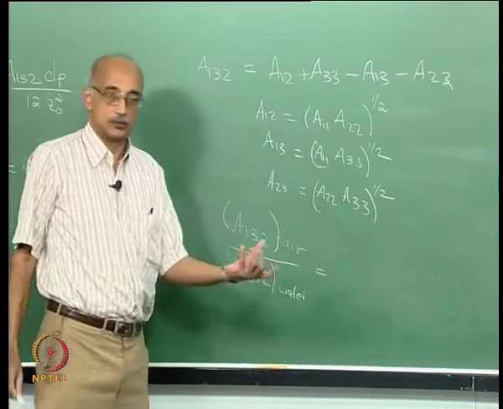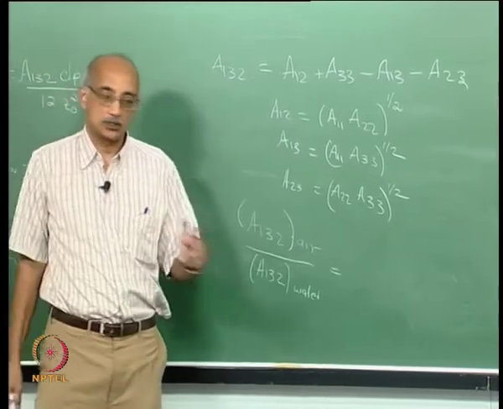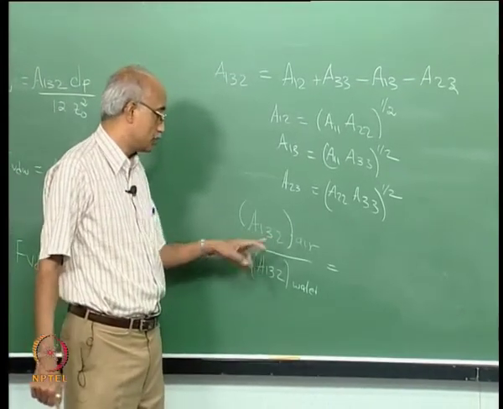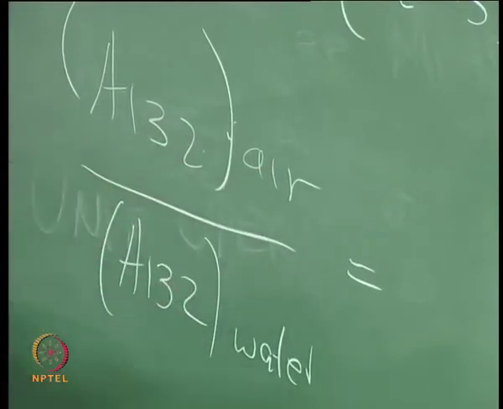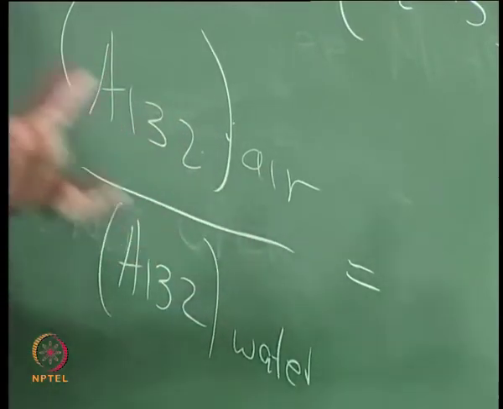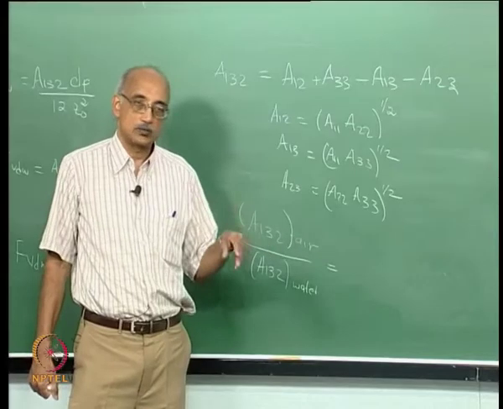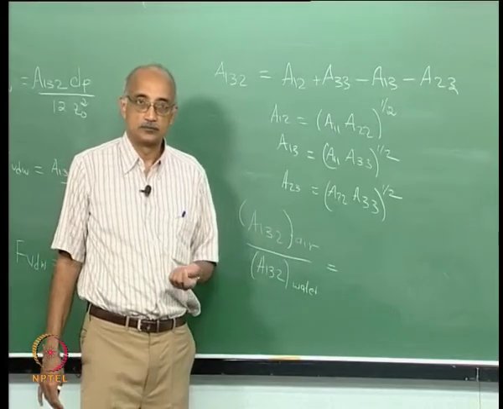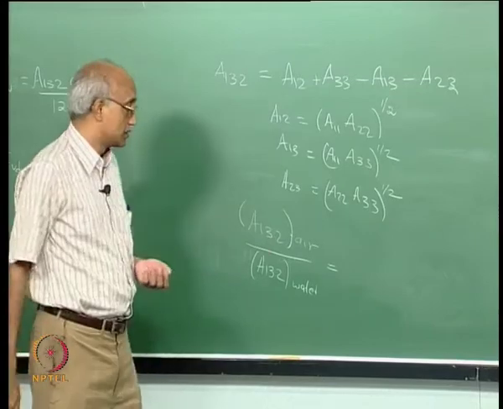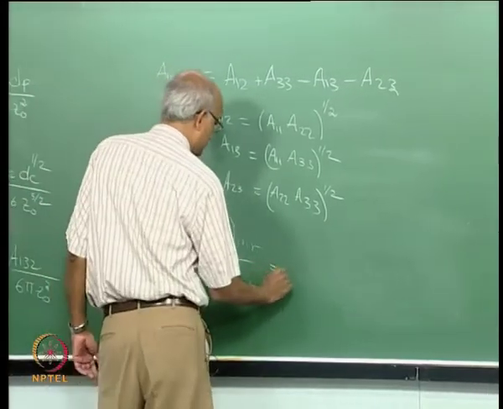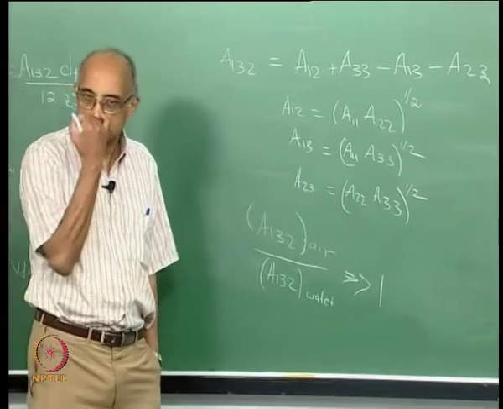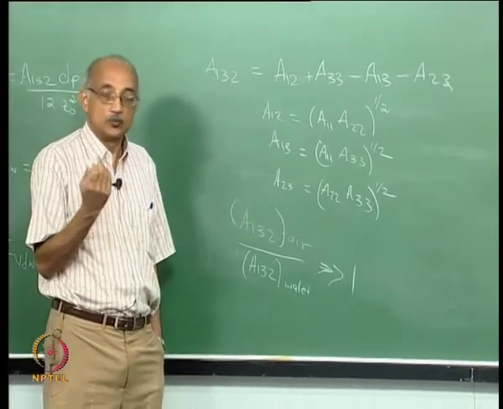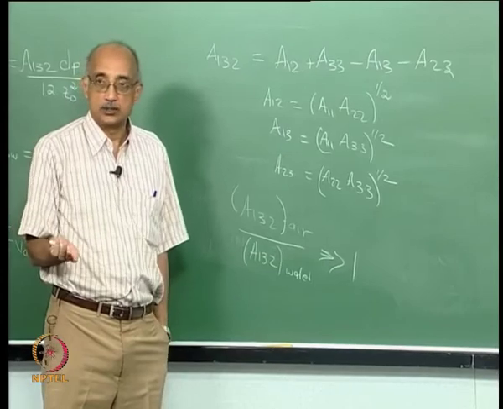If you take the ratio of the system Hamaker constants, the only change being that 1 and 2 are the same, and 3 has now been changed from air to water, what do you think will be this ratio? Will it be close to 1, less than 1, greater than 1? Much greater than 1. In other words, the Hamaker constant is much lower when the intervening fluid is a liquid such as water.